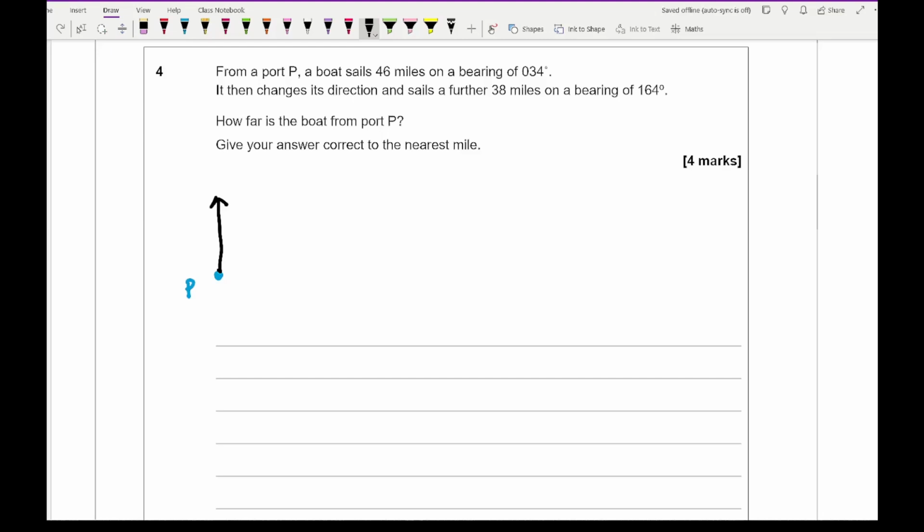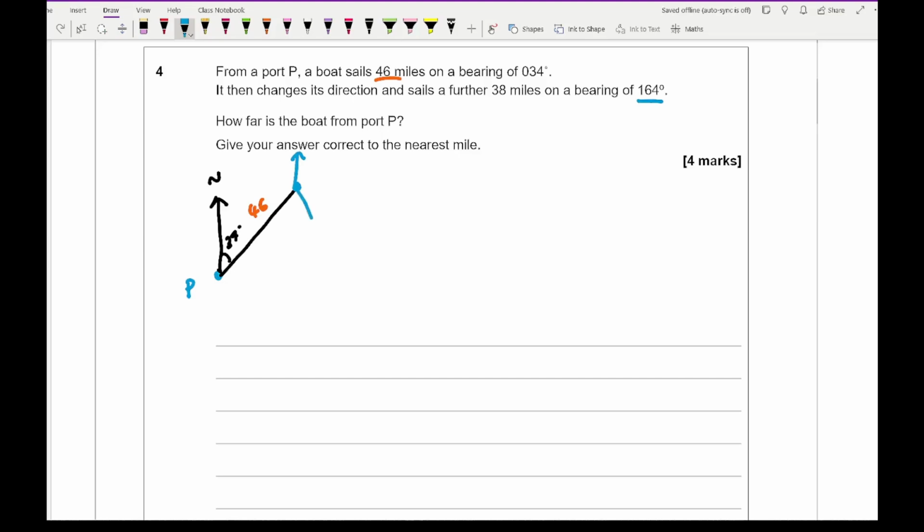Now 34 degrees from north is, I'm just going to assume, somewhere up here, and that's 34, and the distance is 46. So then from this point here, the boat then changes. So if I draw another north line, it's going to be an angle of 164.